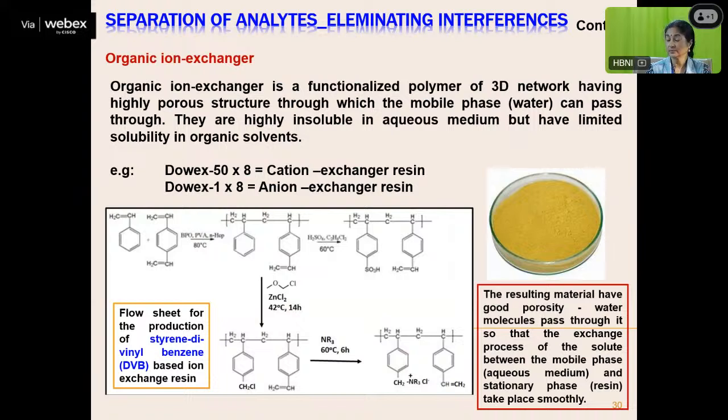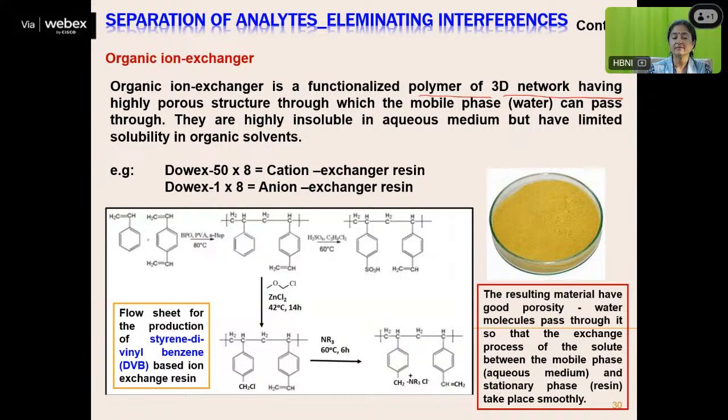So lastly, the more widely used ones are the organic ion exchangers. What is an organic ion exchanger? It is a functionalized polymer of 3D network having a highly porous structure through which the mobile phase, that is water, can pass through. And they are highly insoluble in aqueous medium but have limited solubility in organic solvents.